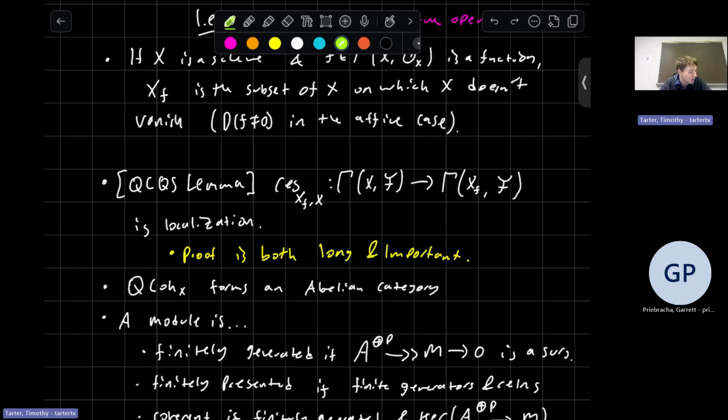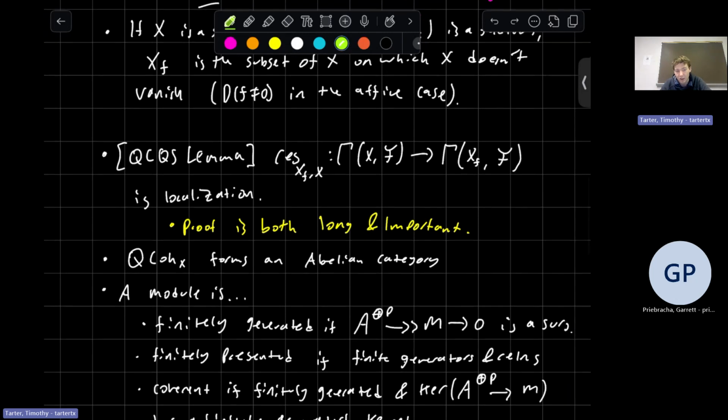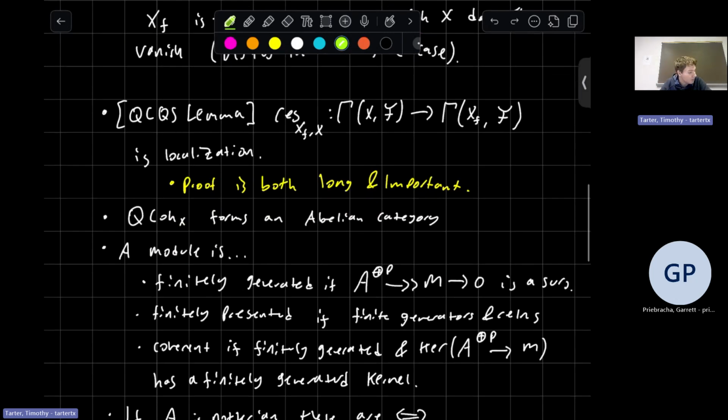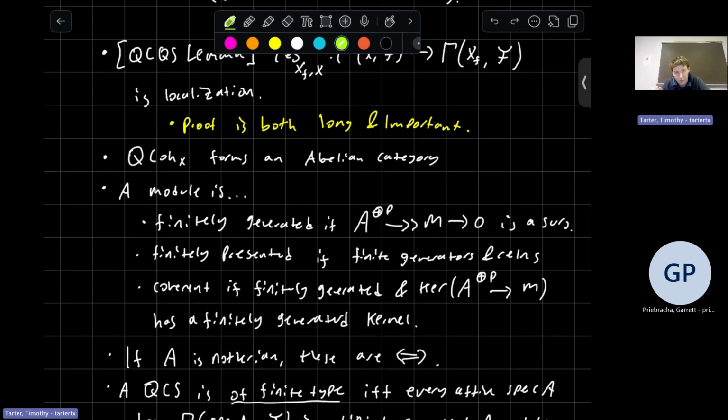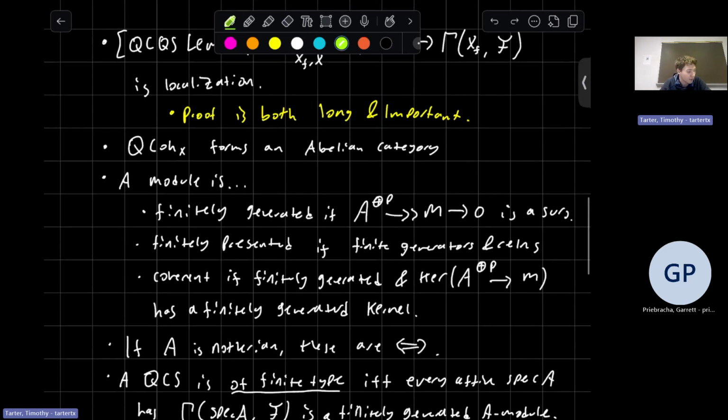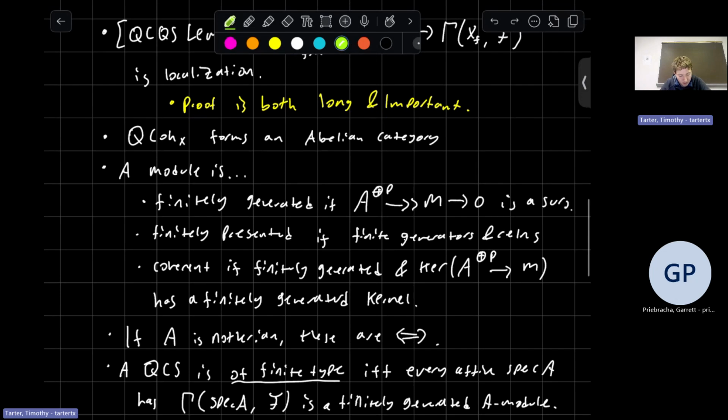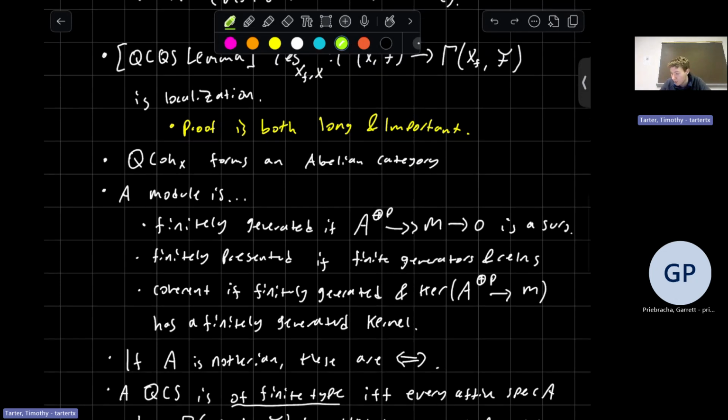What you do is you tensor on the right with the global sections functor localized at f, and then you show that that's an exact sequence. It's not too hard. You just churn through the homological algebra. You drop something in the kernel and show that it's in the image, going back and forth for both, or show that it's an injective map and you have trivial kernel for some of them. Anyway, standard type thing.